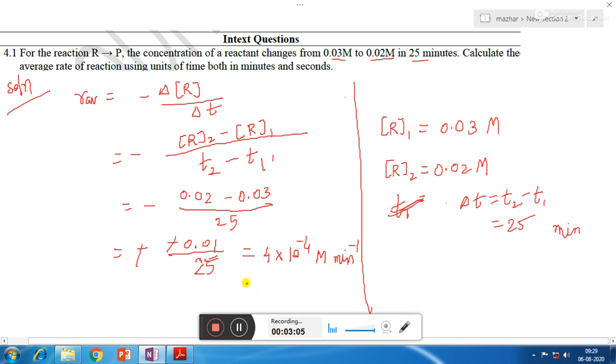Now if you want to convert this in terms of molar per second, then in that case we have to divide 4 into 10 raised to minus 4 by 60, so that our answer will be in molar per second. Now 4 into 10 raised to minus 4 upon 60 is 6.67 into 10 raised to minus 6 molar per second.